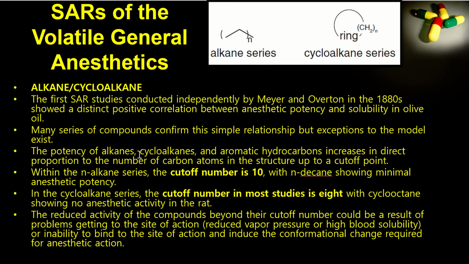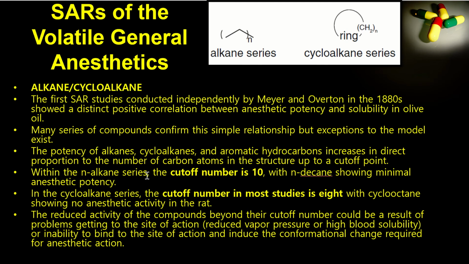So the potency of alkanes, so these are the classes: alkanes, cycloalkenes, and aromatic hydrocarbons, right, increases in direct proportion to the number of carbon atoms in the structure up to a cutoff point. So what is this cutoff point?